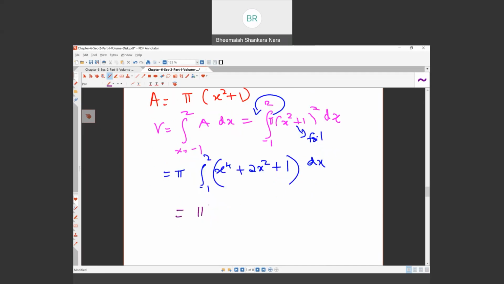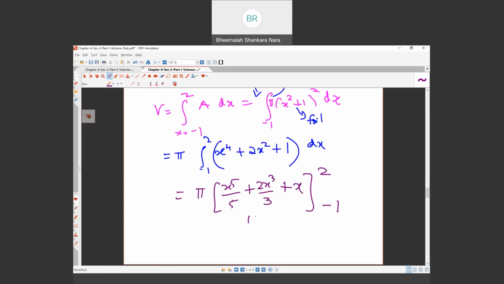Pi times x to the 5 divided by 5, 2x cubed divided by 3, and then you have a positive x from -1 to 2. So do the upper limit minus the lower limit. Simplify. All you get is 78 pi divided by 5.